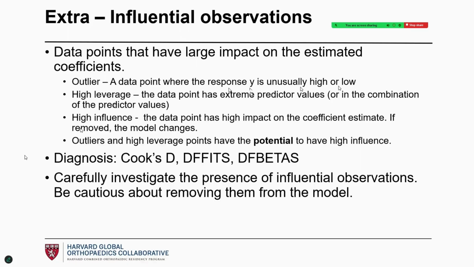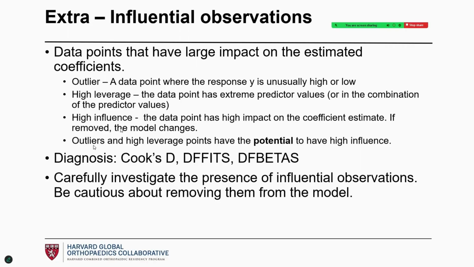We have high leverage, where we have a data point that has extreme predictor values or a combination of the predictor values, and also high influence, where the data point has a high impact on the coefficient estimate or on the model fit. If removed, then the model would change substantially.